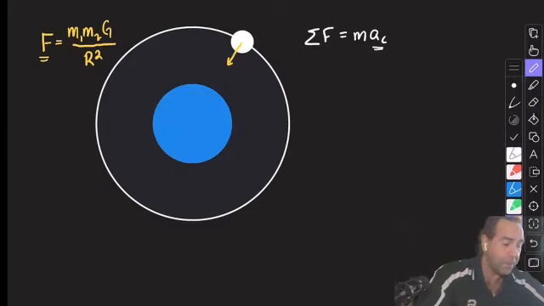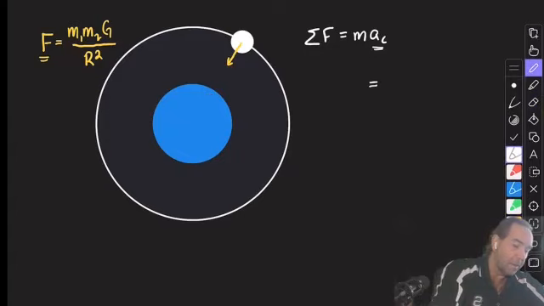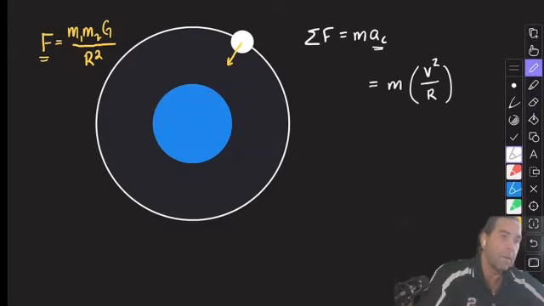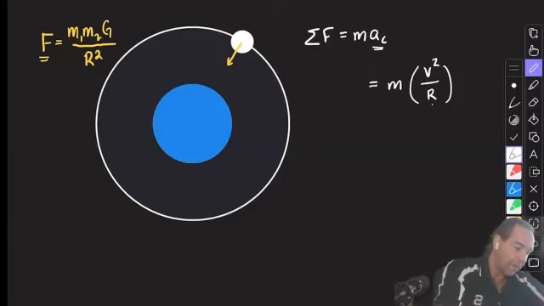So the first thing I want to tell you is that we are dealing with an object that is in centripetal motion. So the first thing we do is we change our acceleration to v squared over r. Now in your notes, there's a few things you should make sure you have down there. This is the separation distance.